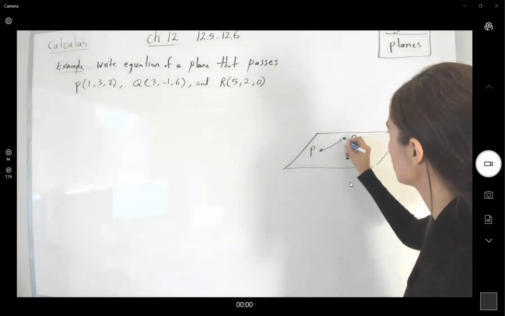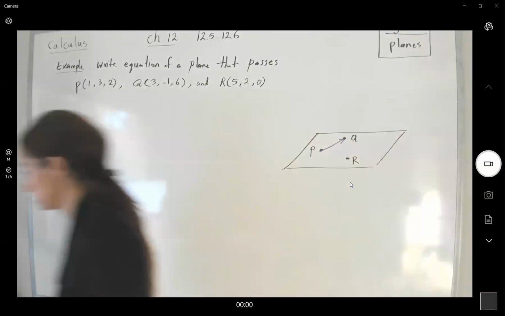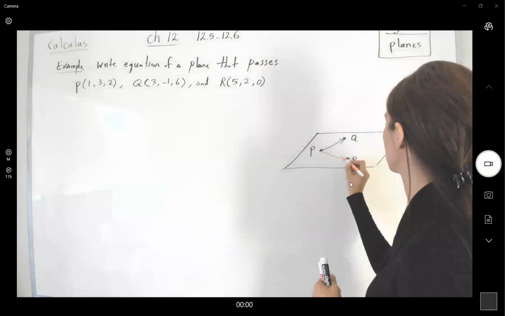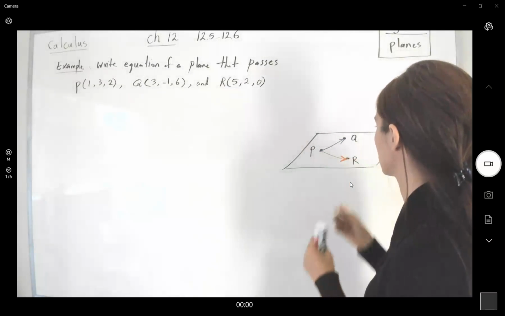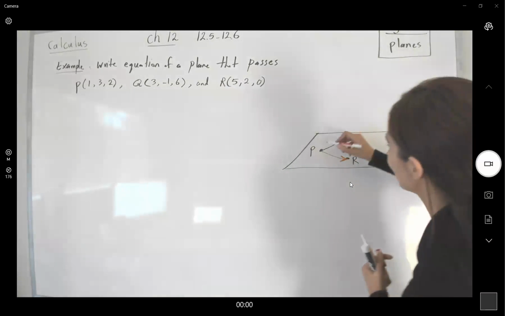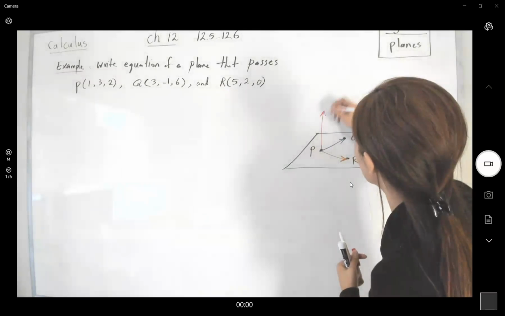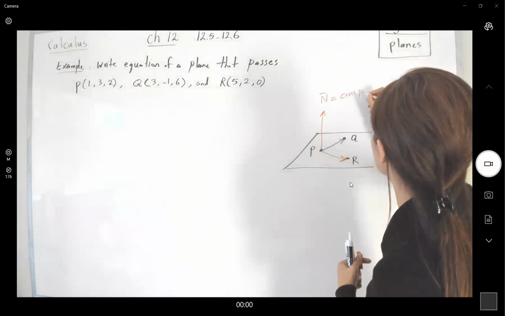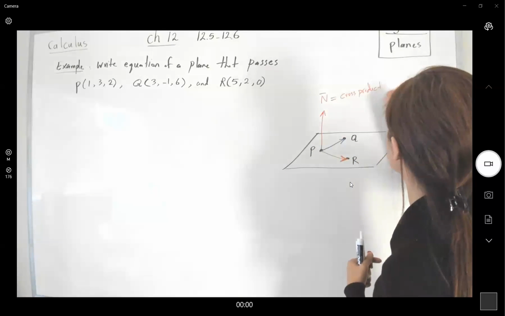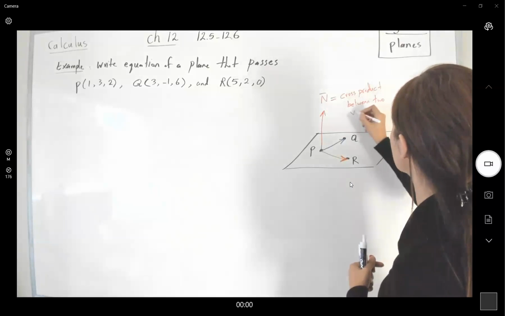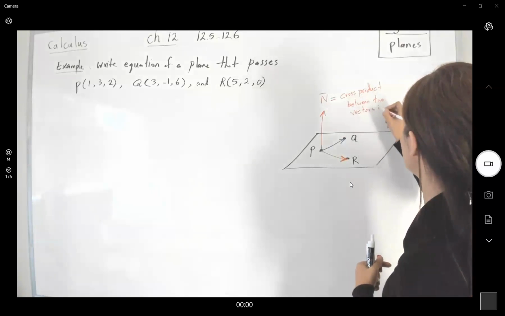So the first vector, then the second vector, then their cross product is going to give you the normal vector. So N is the cross product between 2 vectors in the plane.